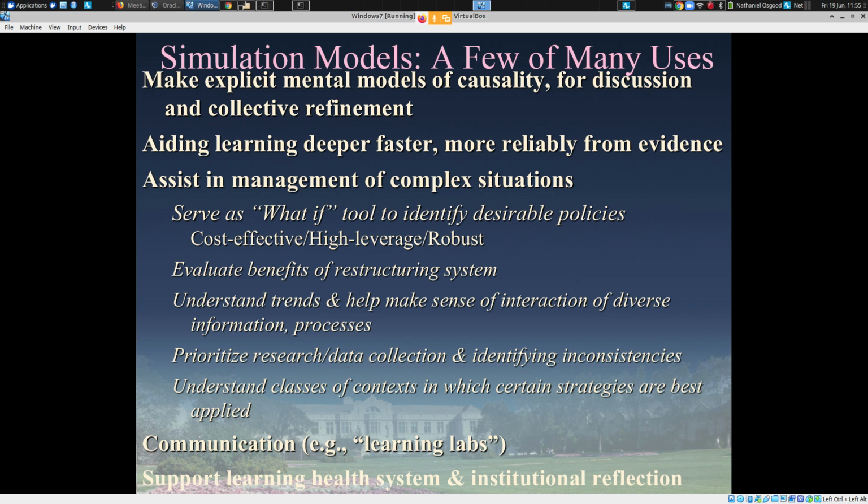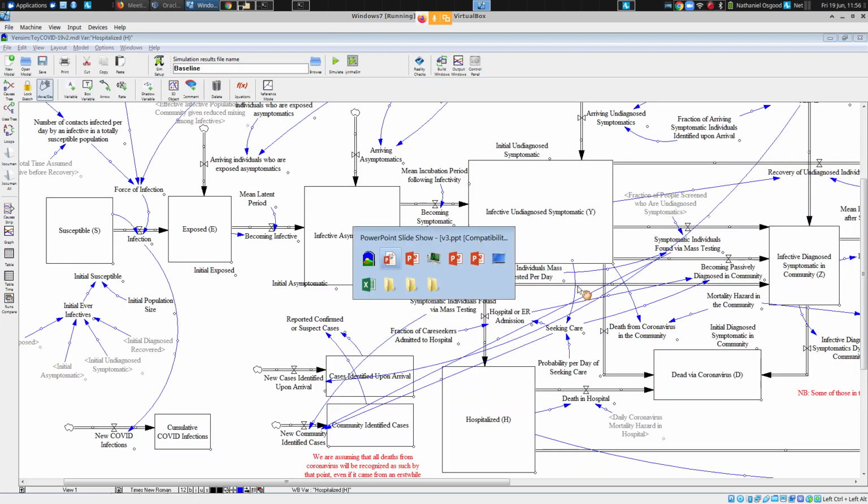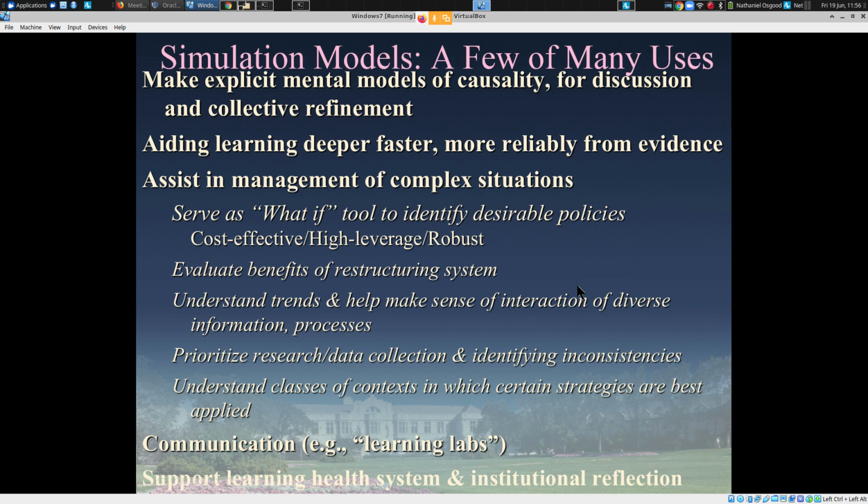They allow us to evaluate the benefits of restructuring a system, to understand trends and make sense of the interaction of all this different data. A model like this benefits by having many sorts of data sources informing it, if that is possible. If it's not a showstopper.